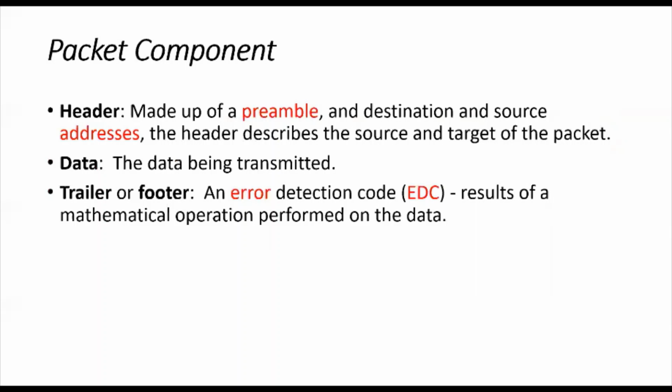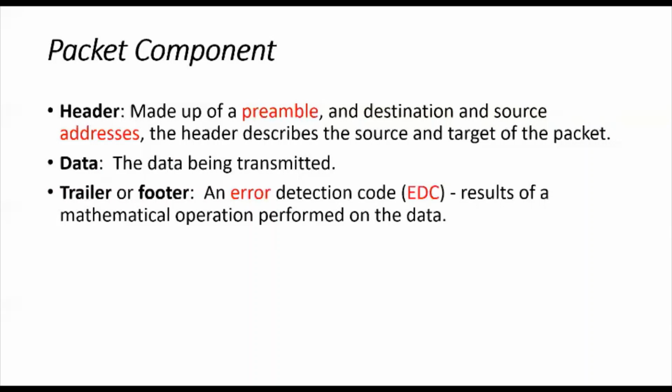The header is made up of a preamble and destination and source addresses. The preamble helps the receiver: whenever the receiver sees the preamble bits, it understands that it is the start of a new packet.